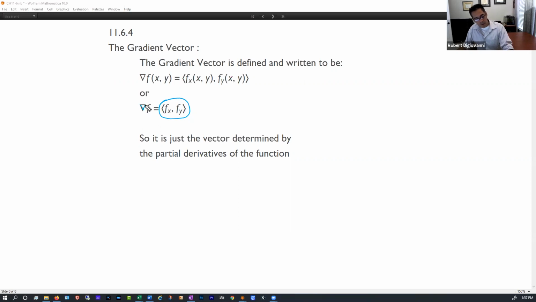We put this upside down triangle, which is called del f, or we'll just say gradient of f, is equal to this vector. So we are defining this. From now on, by definition, this is the vector that is created when you take those two partials and make a vector out of them. And that's called the gradient vector.